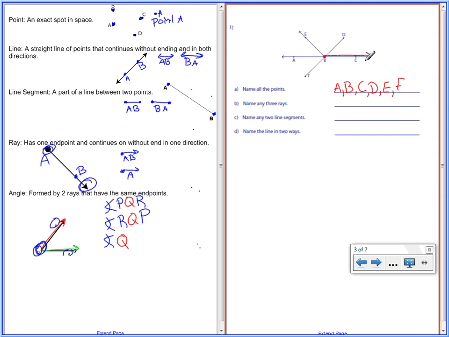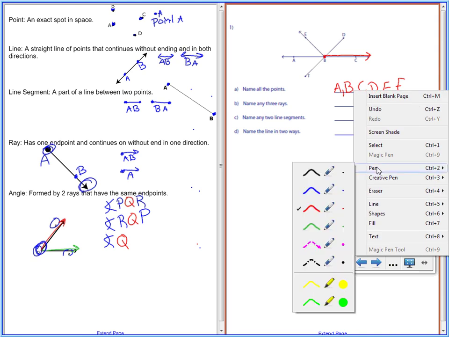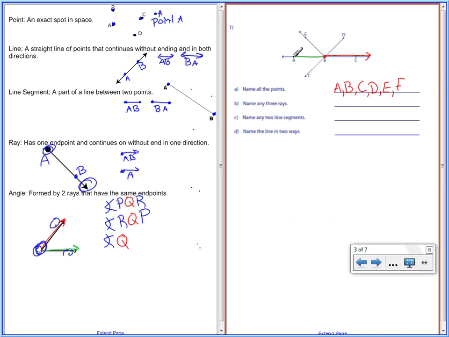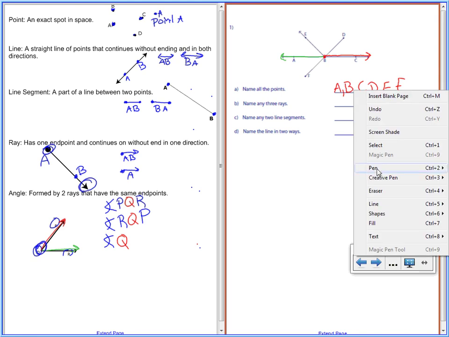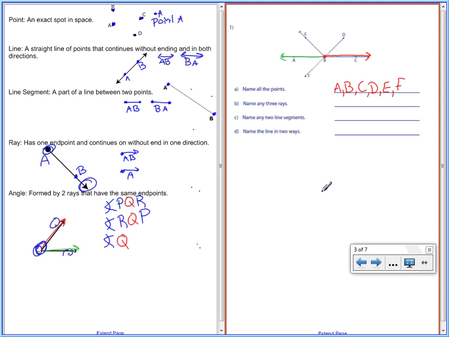Or I can go the opposite way, going from B over to this one. Or I can even start at B and go up through E up here. So in this case, it would be ray BE, ray BC, ray BA. As long as I start with my endpoint being the first letter that I write, I'm safe.